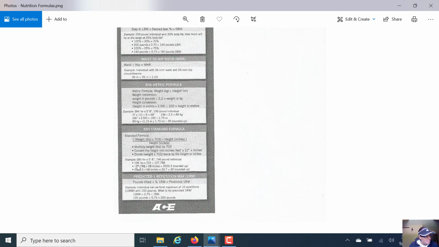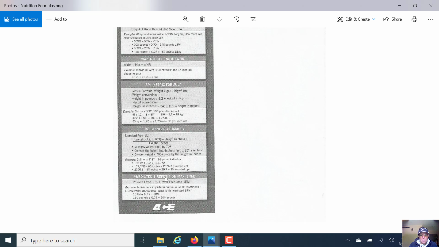You can see the example here of a 5'8" individual that's 196 pounds. When they went through the math, they got the same 30. So the metric formula and the standard formula are going to come with the same outcome, but just note that the standard formula tends to be a little easier for people to do math-wise.